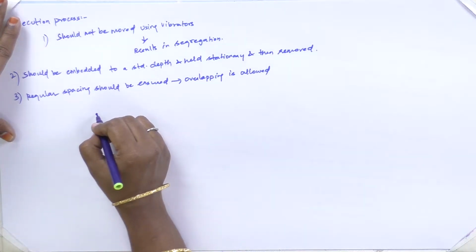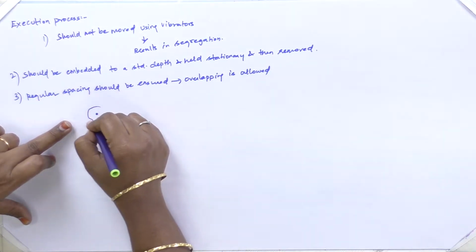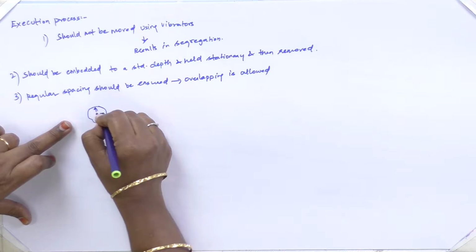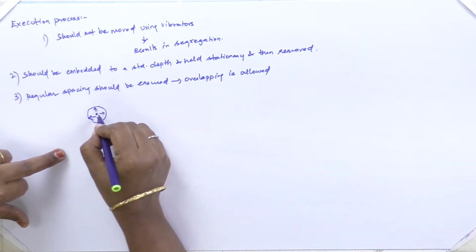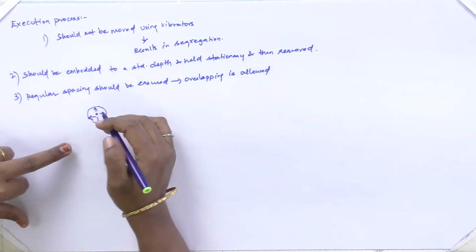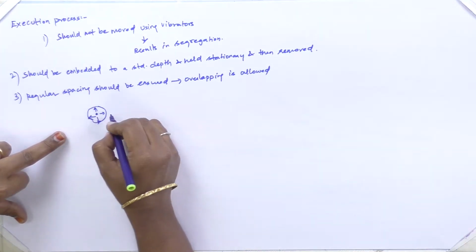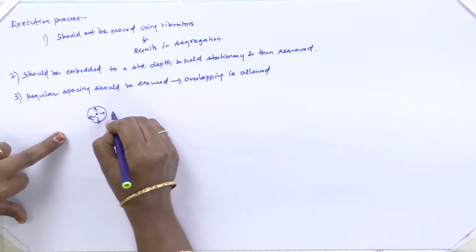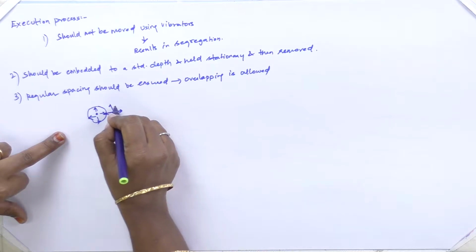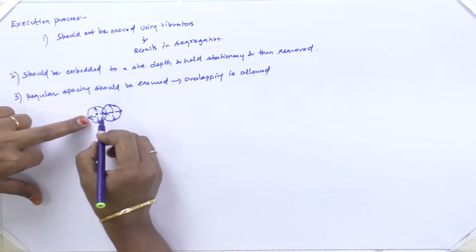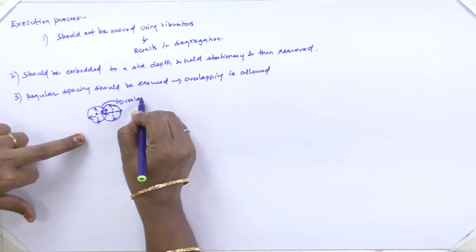Suppose this is the impulse of the vibrator, then it will be transmitted in all these directions. Next, I take my vibrator out and place it in the next position. If I place it here, then the impulse will pass like that, so that this is the overlap.